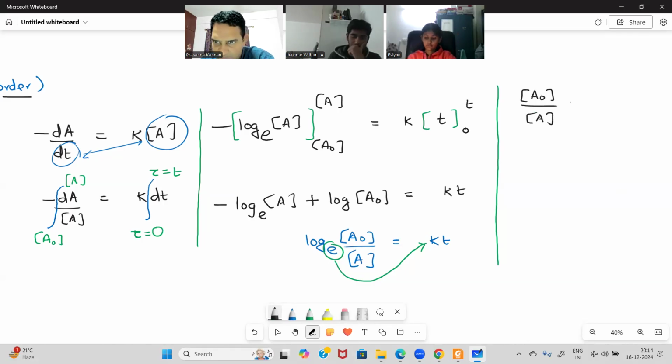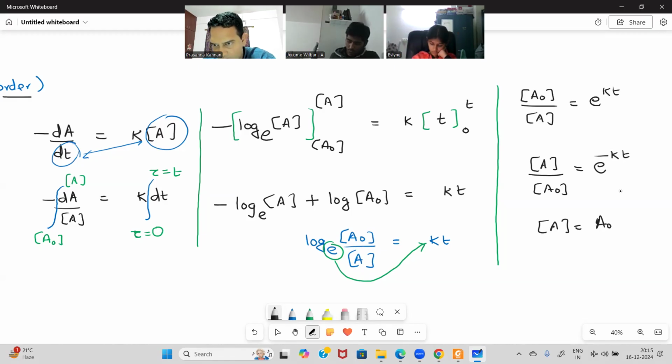So a naught by a can be written as e power kt, or if I take the reciprocal of this, a by a naught is equal to e power minus kt, or in other words, a is equal to a naught into e power minus kt.